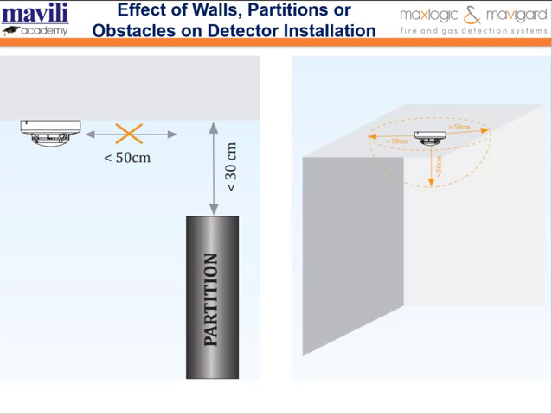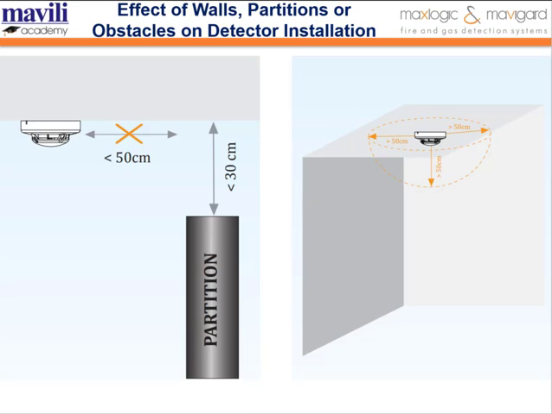First, there is a general rule that applies to all types of detectors, whether they are heat, smoke, or multi-sensor detectors. For a detector to operate properly, there must be at least 50 cm of clear space around it. This means 50 cm of clearance on the right, left, and below the detector, ensuring that smoke or heat can reach the detector without obstruction.